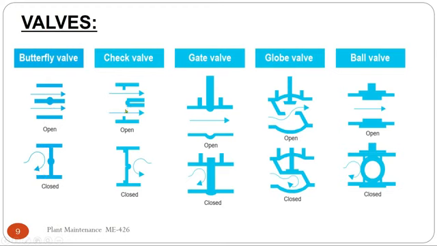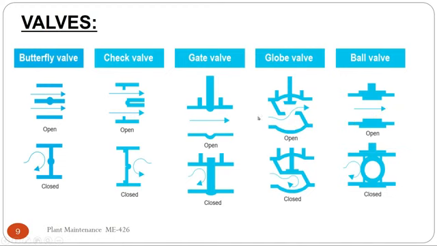Check valve, as the flow is coming from left to right, this is open position and this is closed position. Gate valve, in the gate valve we have a gate or disc. The gate will sit in this position. This is open position, this is closed position.